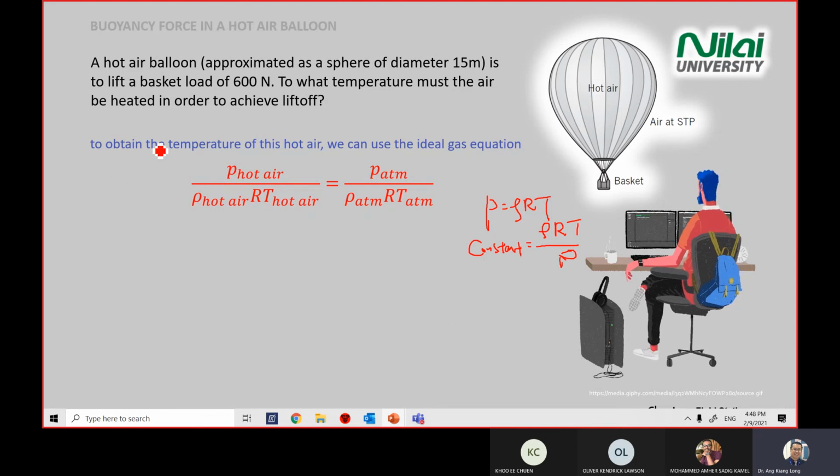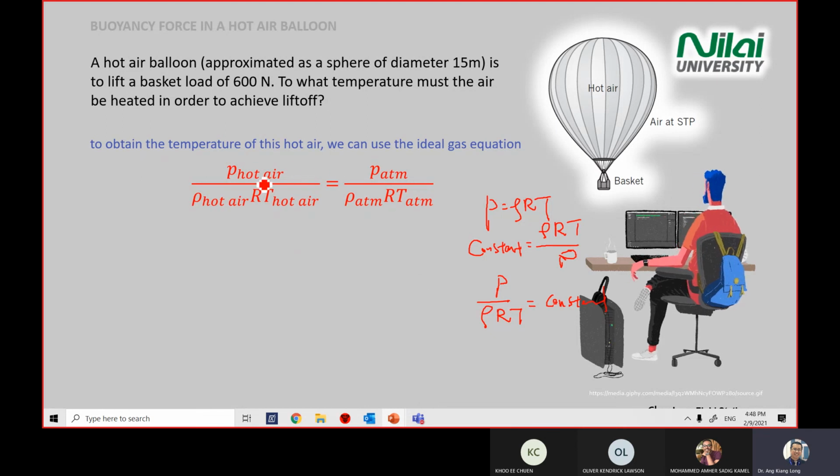That's why we can use this equation. Or you can invert it also: P divided by rho RT, also a constant value. So both give you the same constant value, so we can directly give a comparison.